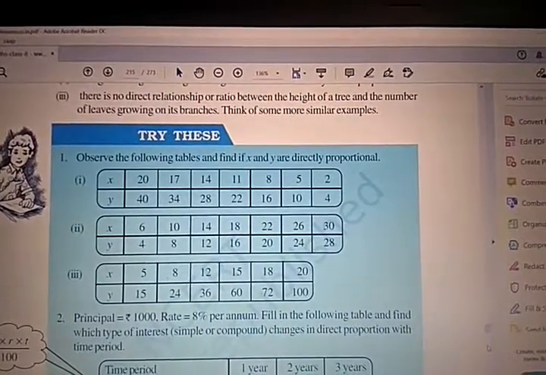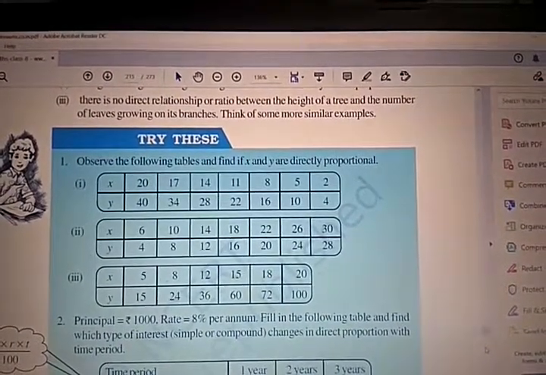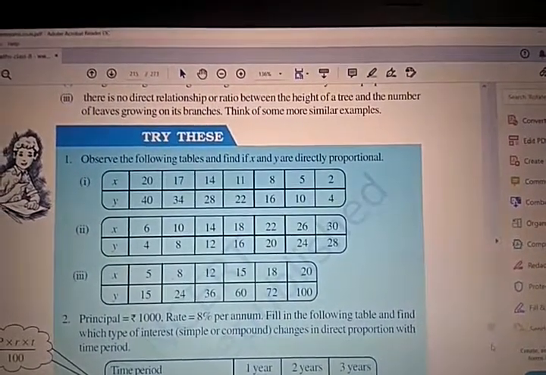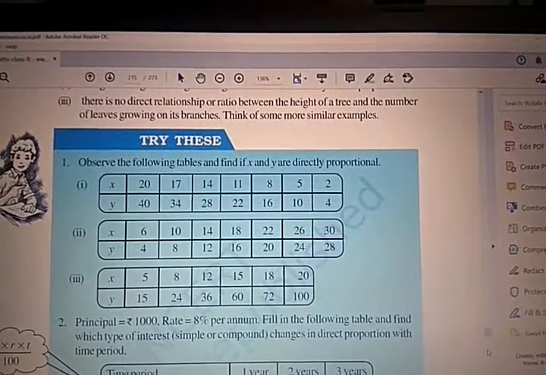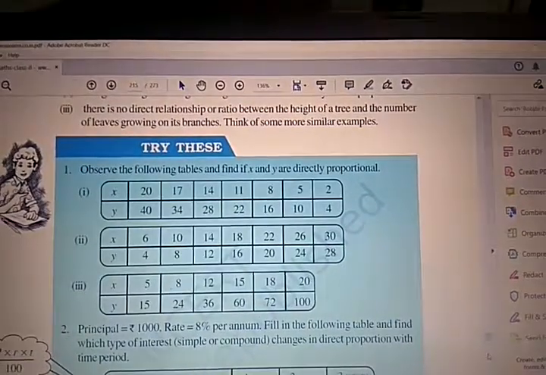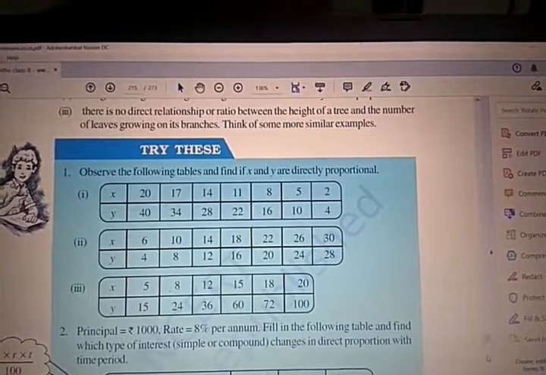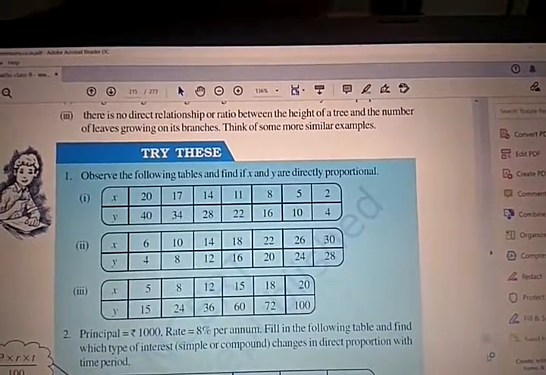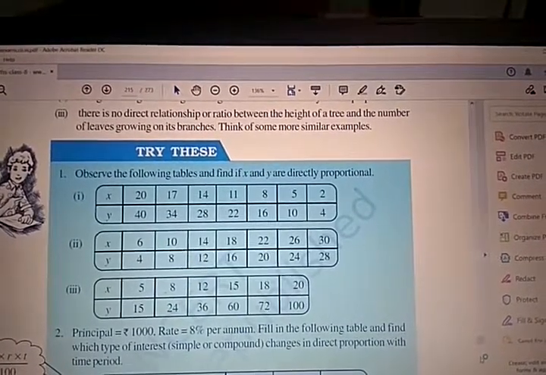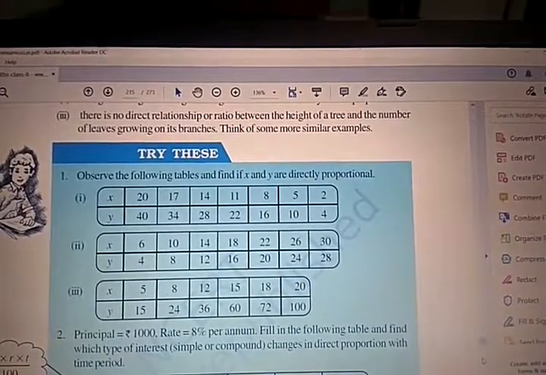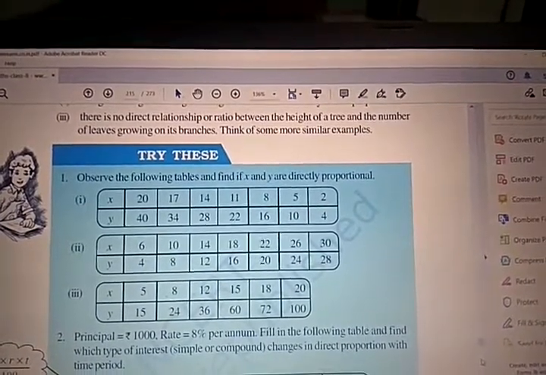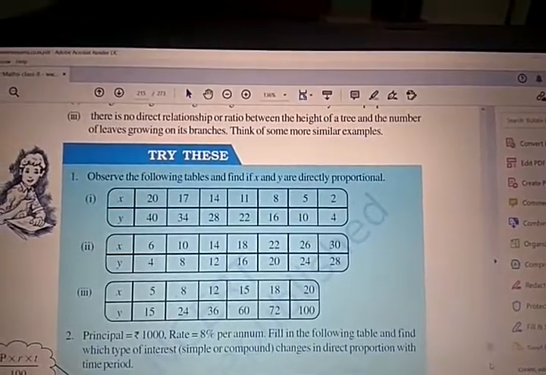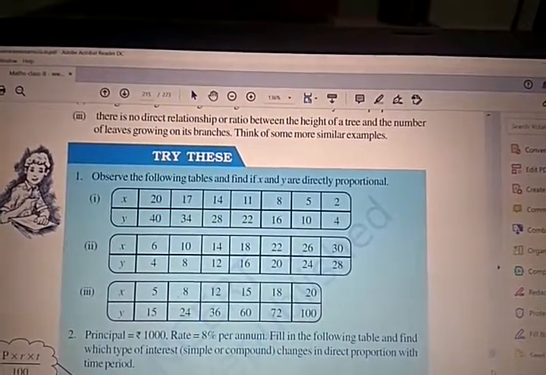But 15 upon 60, 15 fours are 60, so 1 upon 4 is the answer. So the third one is also not direct proportion. x upon y, the answer should be the same, but here the answer is different. In the first table only the answers are the same, so the first table is direct proportional. The remaining second and third are not in direct proportion.